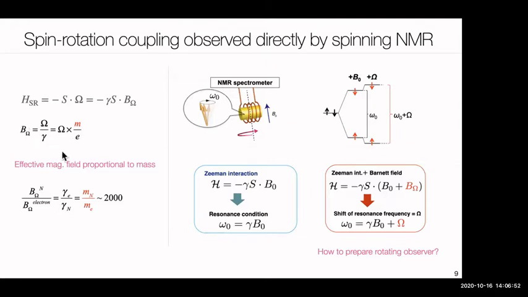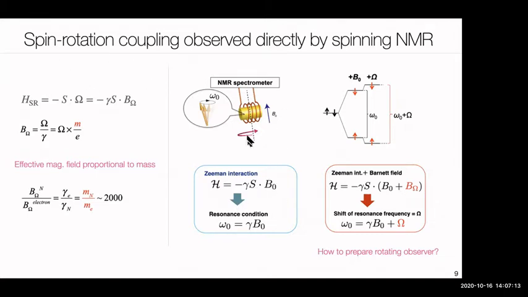So the magnetic field acting on the nuclear spin is much larger than the magnetic field acting on the electron spins. Okay, so we consider we can directly detect the spin rotation coupling by using NMR.